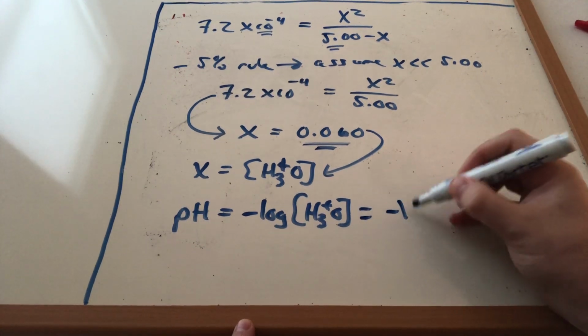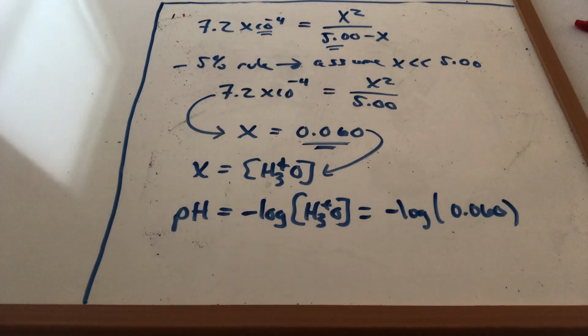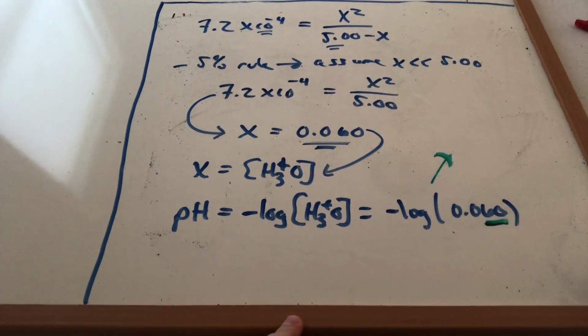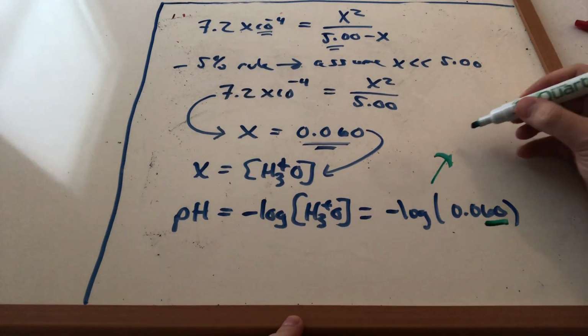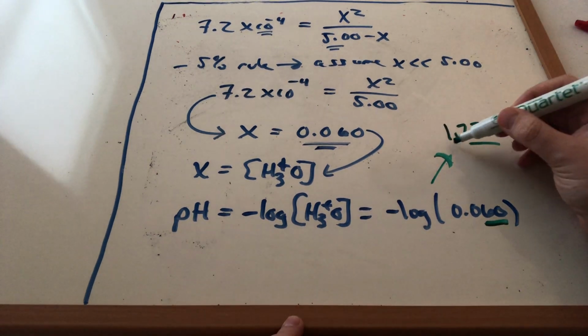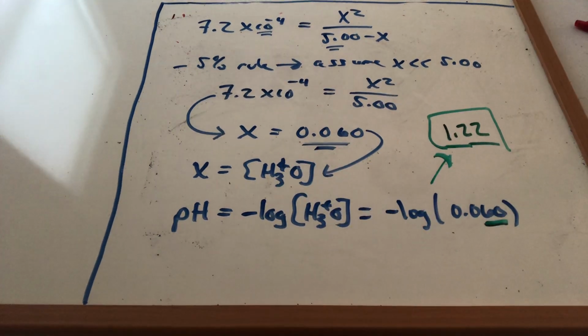So the pH for this is the negative log of 0.060. We plug that into our calculator. We pay attention to significant figures. There's two total significant figures here. We're doing a log. What we get is 1.22, two significant decimal places here. So our final answer for our pH is 1.22.